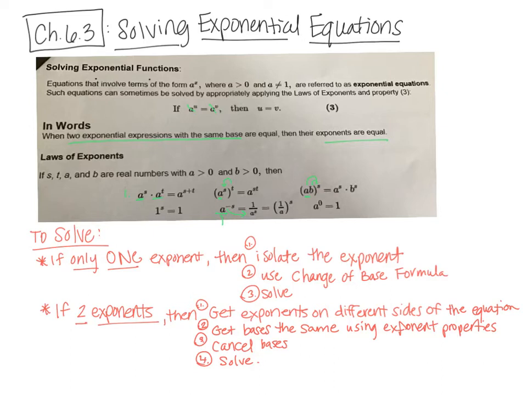And remember we said that the same bases cancel. So the goal is to get those bases the same using maybe some of those properties of exponents. Then I can cancel them and continue to solve. All right, so again, it seems a little bit far out there right now because we're just talking about it. So let's actually do some and see if we can get it.